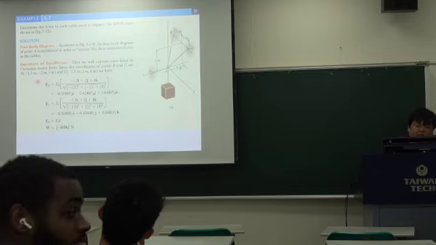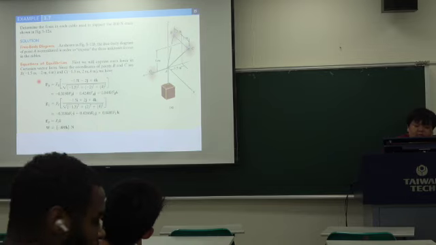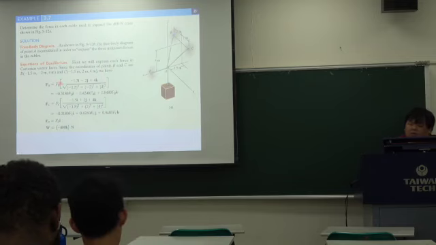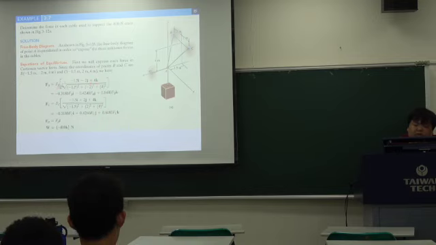So we can use Cartesian vector form to calculate. The force FB is equal to FB times unit vector. So this is vector value, then divided by the vector distance.